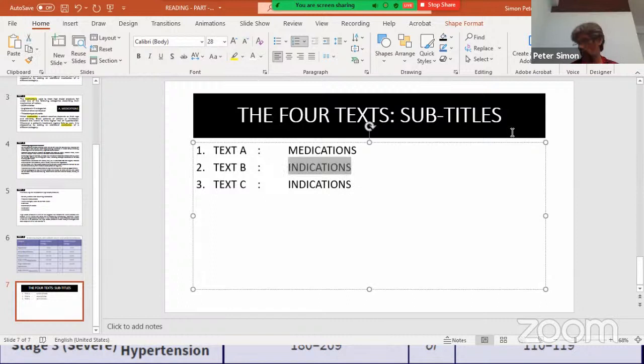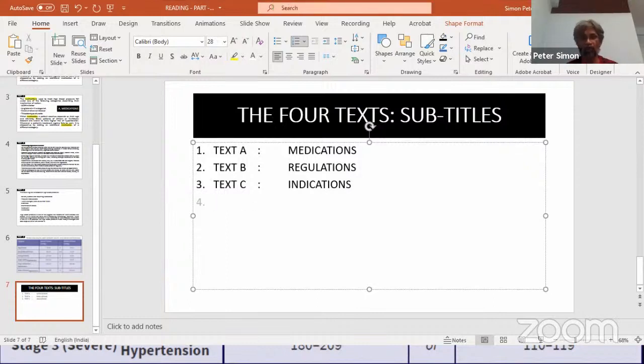Regulation means rules and regulations, means controlling. Control. You have to find out the names for that one. Medications, regulations, indications.